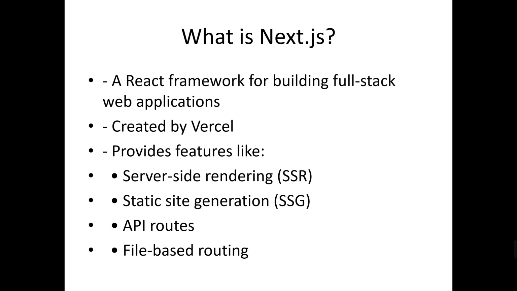Next.js is created by Vercel and provides features like server-side rendering and static site generation. The server-side rendering process is much faster when it comes to rendering. API routes are also there. If we compare Next.js with React.js, in React we have to define the routes and which component to open when a specific route is encountered.